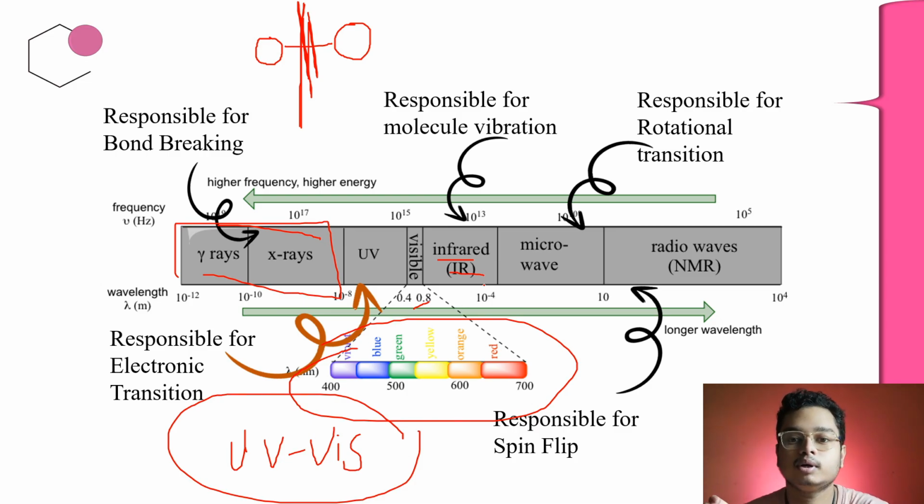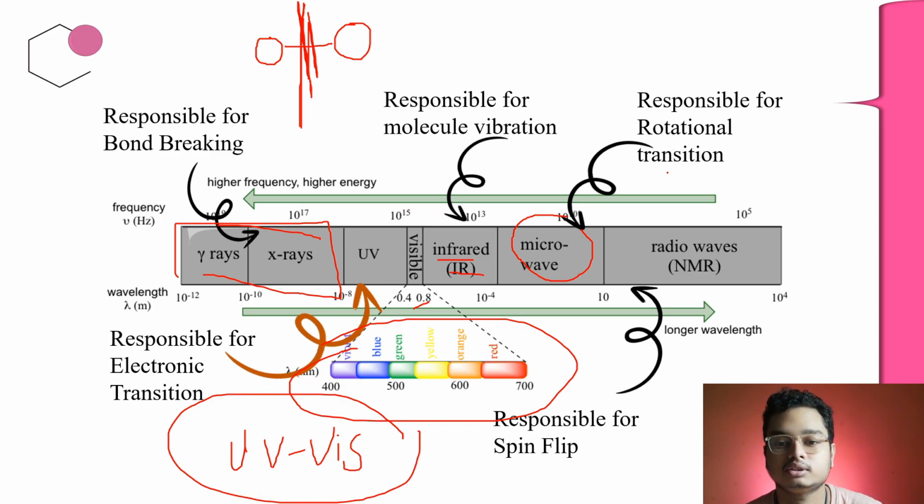Depending upon molecular vibration, we get IR spectroscopy, which will be discussed in our next class. Then comes the microwave. Microwaves are basically responsible for rotational transition. In an electronic state there are n number of vibrational states, and between two vibrational states there are n number of rotational states present.